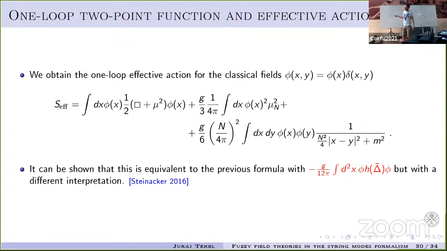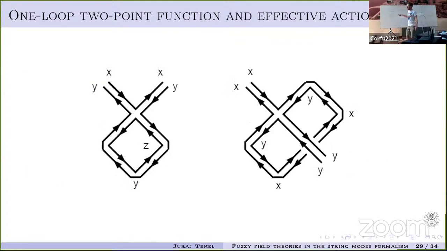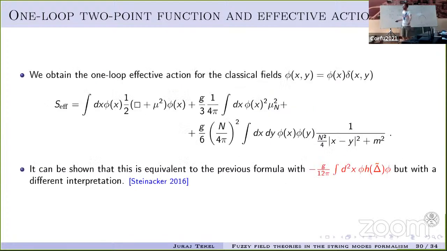The planar diagram leads to the regular mass normalization, but the non-planar diagram leads to a non-local term that couples the field at position x with the field at position y, and it couples them through a long non-local string mode running in the loop of this non-planar diagram.